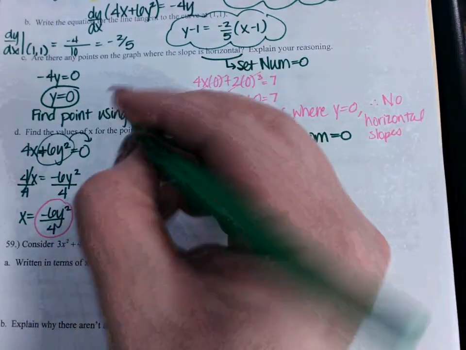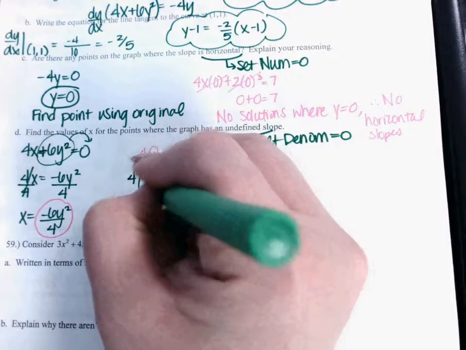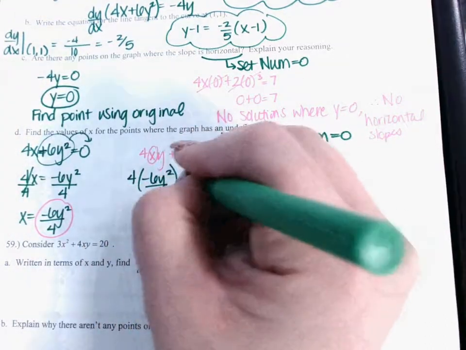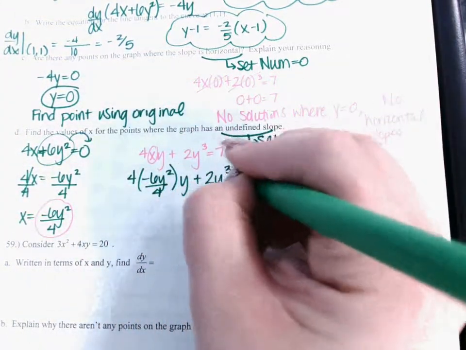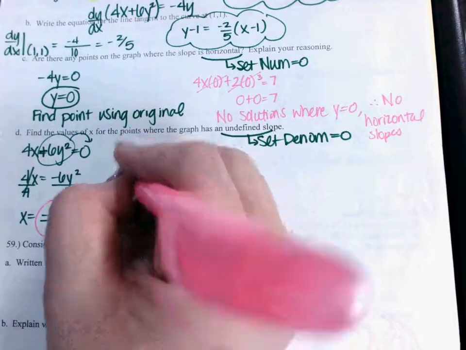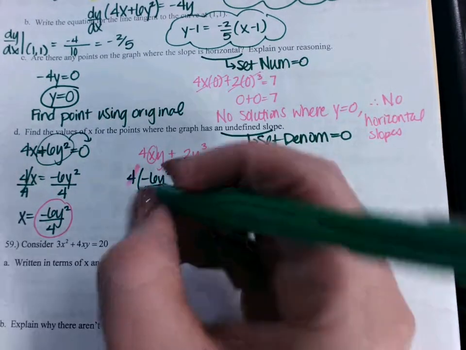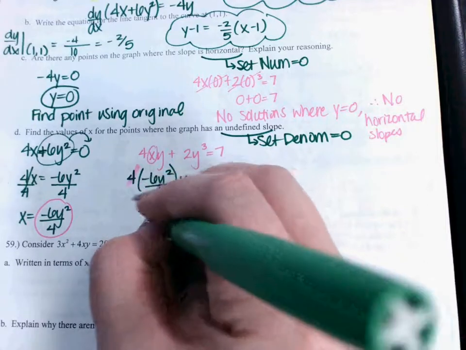So I have 4 times negative 6y squared over 4 times y plus 2y cubed equals 7. And then, like I just said, I see that those 4's are going to conveniently cross out with each other. So gone, gone. And if it's negative 6y squared times another y, that's really negative 6 what? Y cubed.